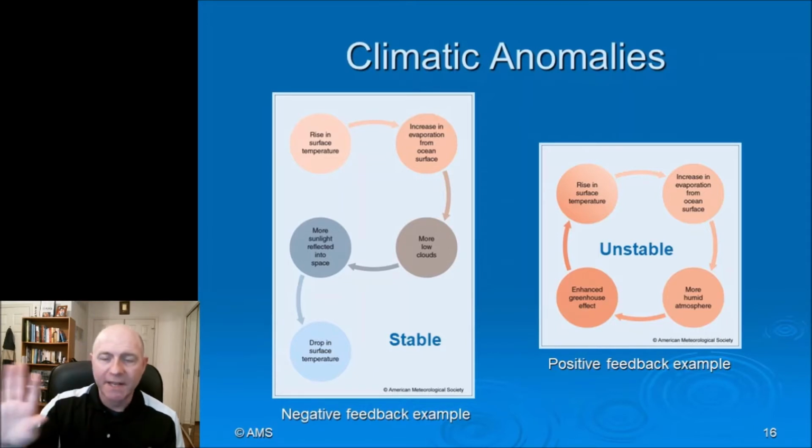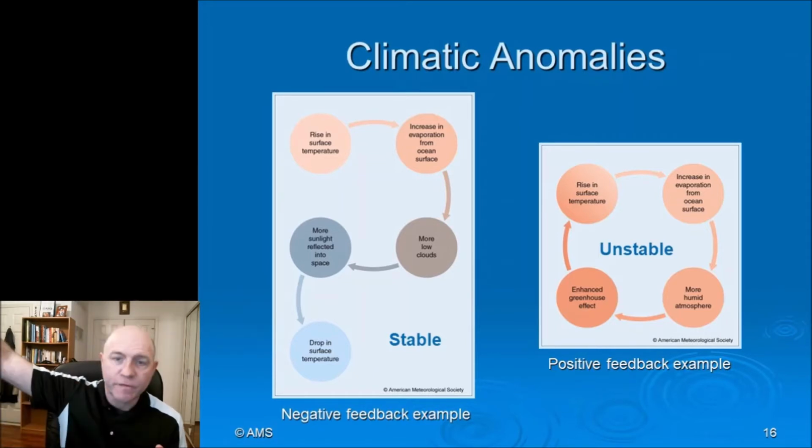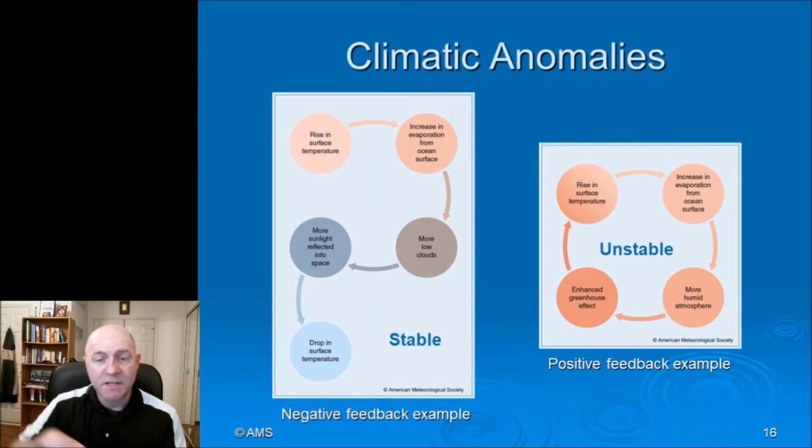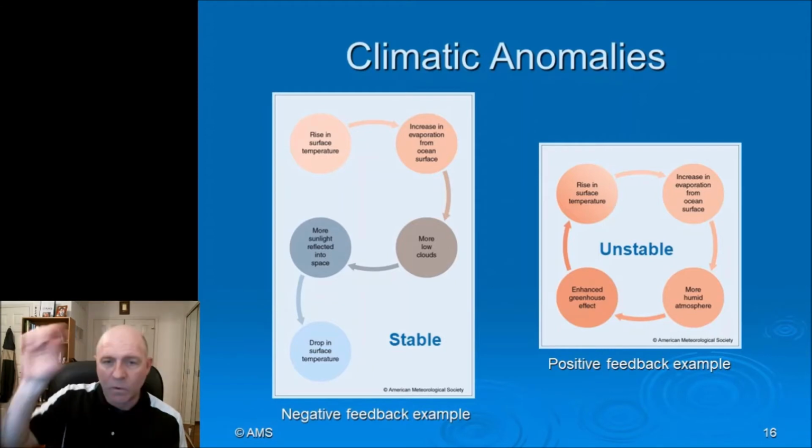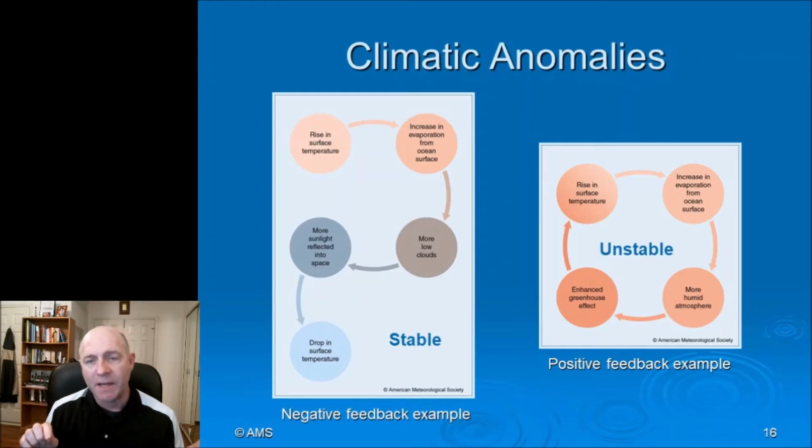In other words, you kick the system in one direction, it goes flying off in that direction. As opposed to the first example, the stable equilibrium, where you kick it, but then it rolls back. You can think about a ball in a valley for the negative feedback example. If you have a ball in a valley and you push it up the hill, it rolls back and stops again. All right.